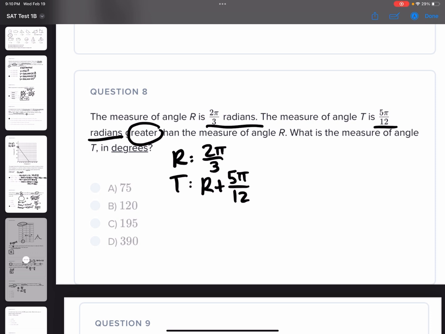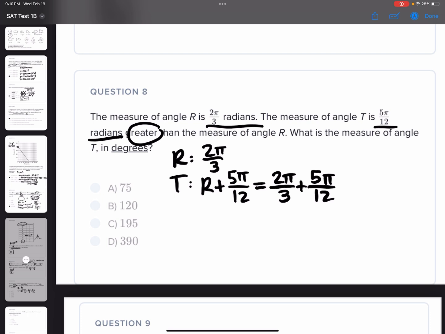We would just add, because it didn't say times, it just says greater. So we're just adding here. We're given 2 pi over 3 plus 5 pi over 12. Okay, short and simple. Very sweet.